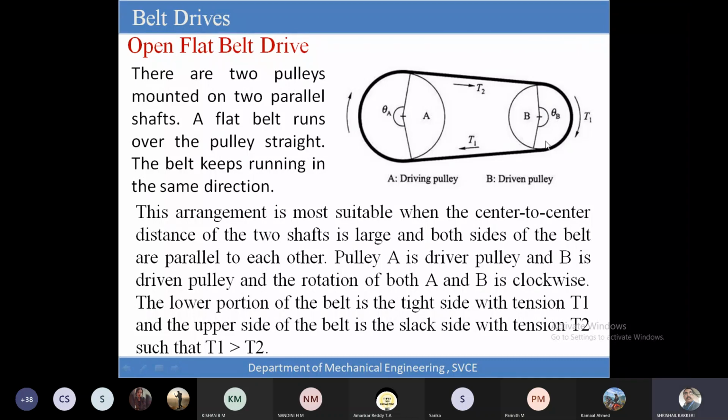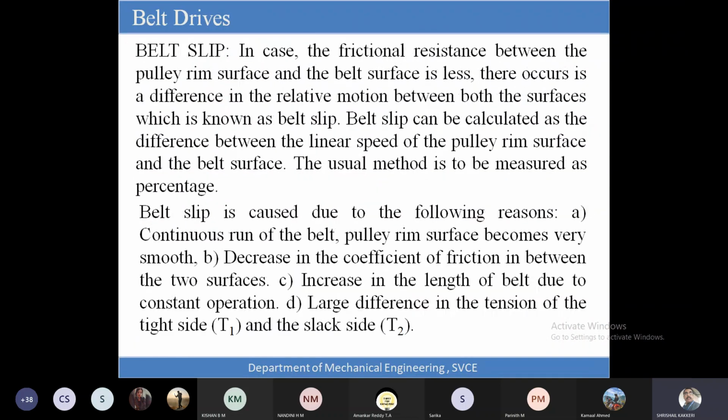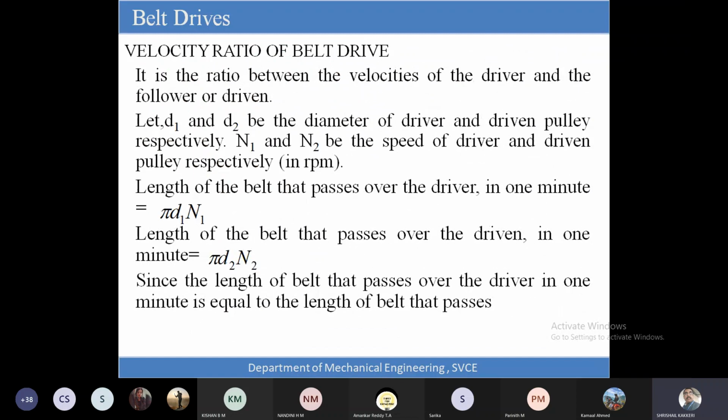Now the diameters and the speeds of the driver and driven pulleys we know. Now in a minute, the length of the belt which will be passing over the driver pulley will be pi D1 N1. Pi D N is the length of the belt which will be passing over the pulley in a minute.